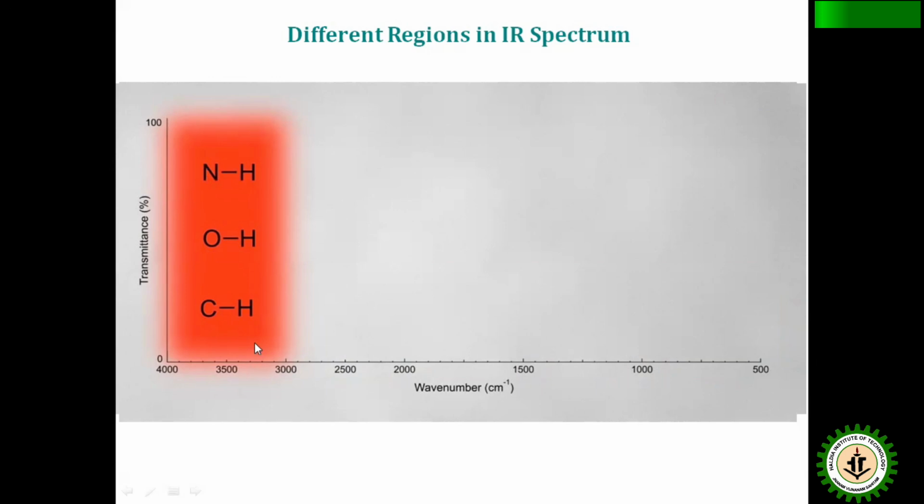This is due to the fact that hydrogen is the lightest element. So all these CH, OH, NH bonds have the highest vibrational frequencies, and they absorb in this region.